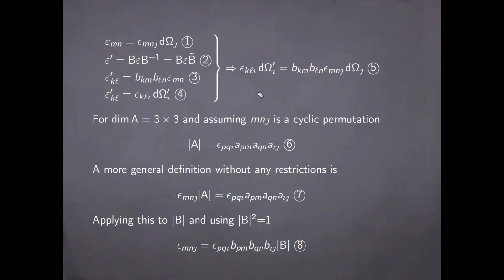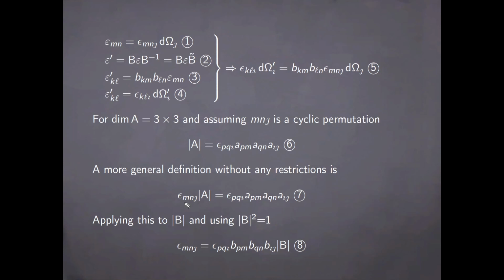Now, for a matrix of dimensions 3 by 3, and if we assume that the permutation of indices written here is cyclic, the general definition of a determinant is the one here. Or we could define it in a way which does not require any sort of restriction on the sequence of indices by using the expression here.